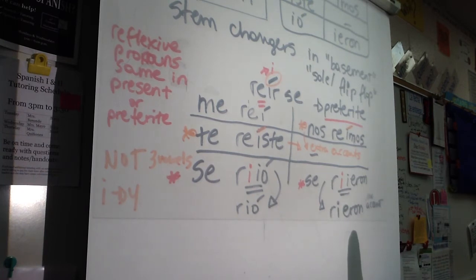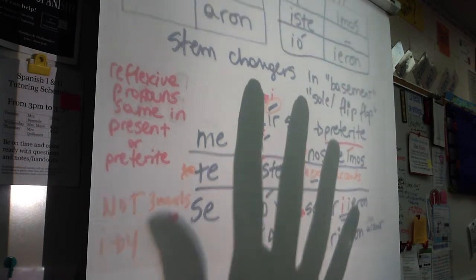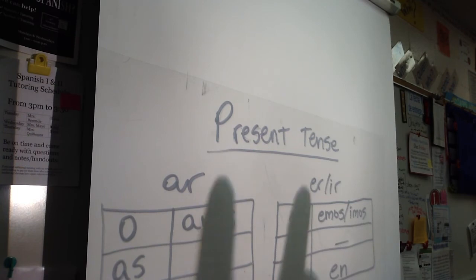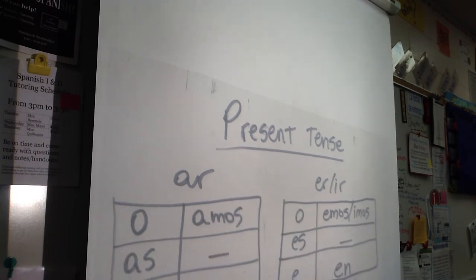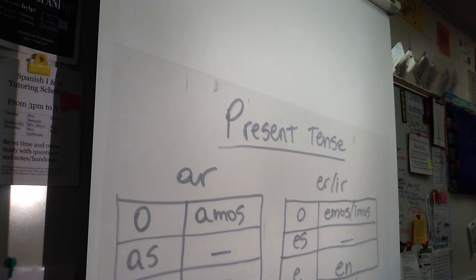If I asked you to conjugate any verb in the present tense or in the preterite, do you think you could do it? There's a couple of things to keep in mind. If you're going to use present tense, obviously you're going to put the right present tense endings with those verbs. But if you're having to worry about stem changes also, where do you worry about stem changes in the present tense? Where you make those changes? In the boot or shoe.